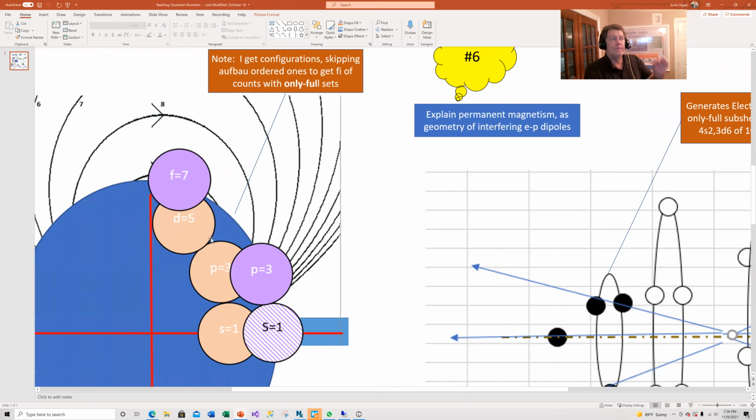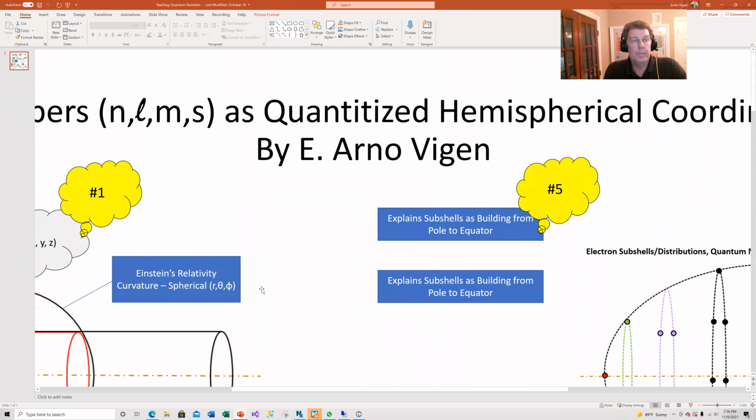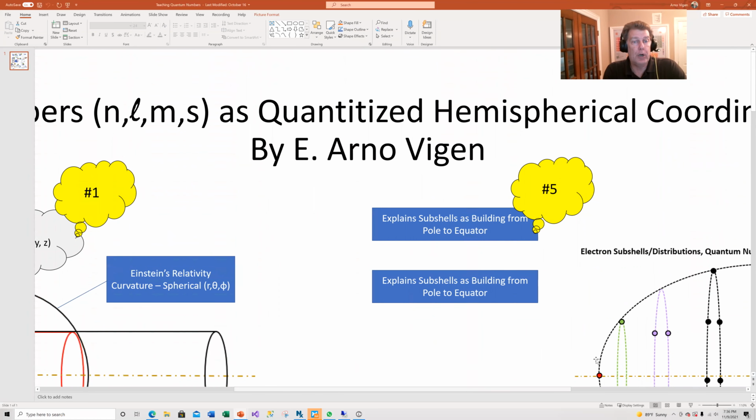But mine solve all electron exceptions, including the odd counts, okay? There are no partials.